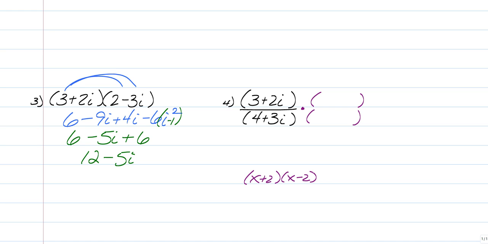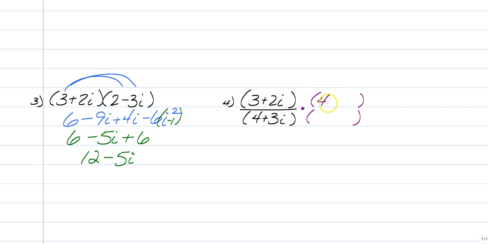Notice they're the exact same thing, but we have a different symbol in between the two. If we were to FOIL that out, we would have x squared plus 2x minus 2x, and then a minus 4. And then these guys would cancel. When we're doing that with i's, it'll make the i go away in the denominator.